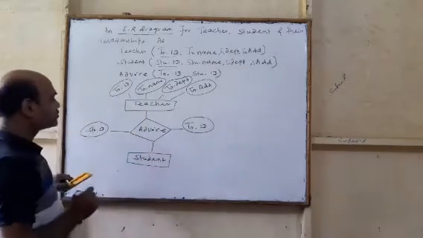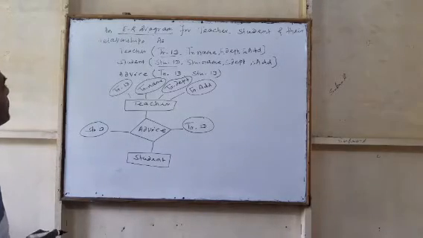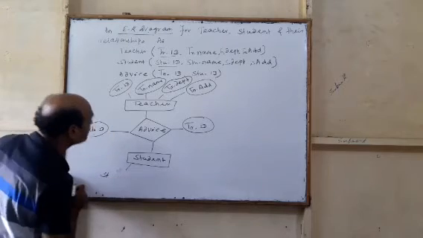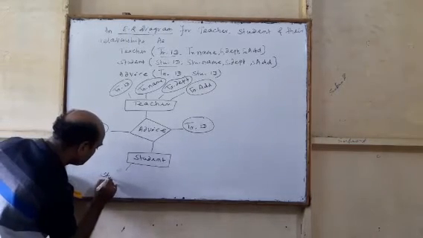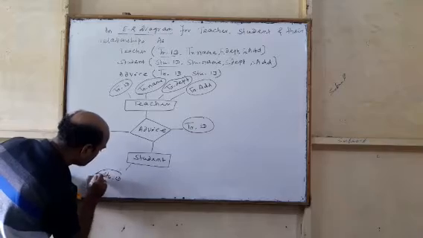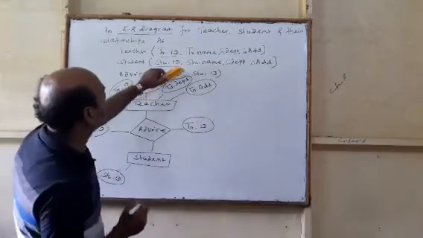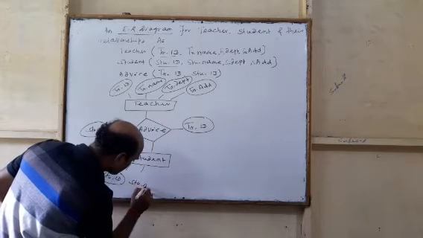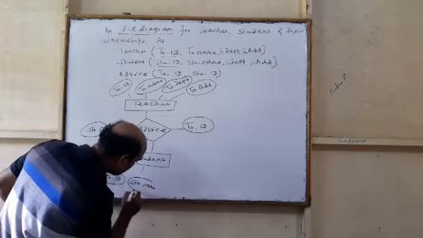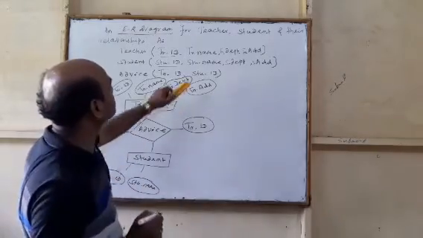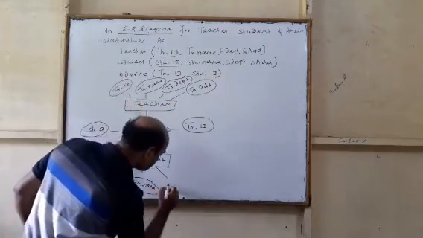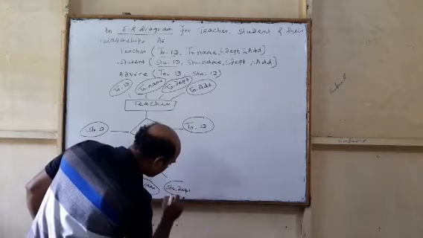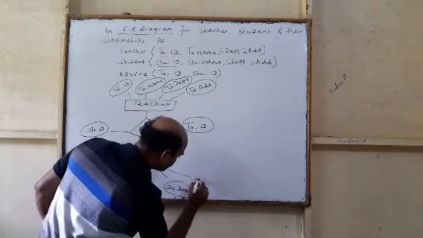The teacher is related with the student whose attributes will be student ID, student name, which is a single word to indicate the attribute, then student department, and also student address.